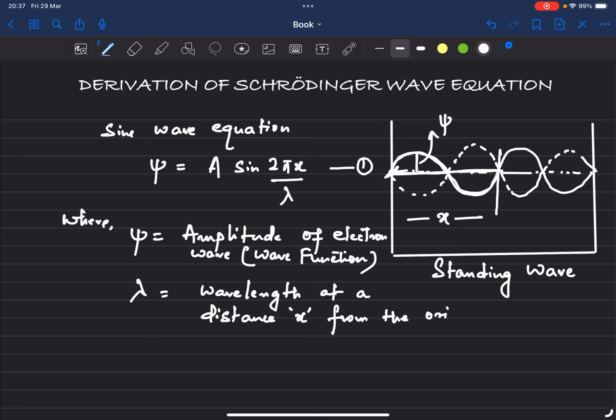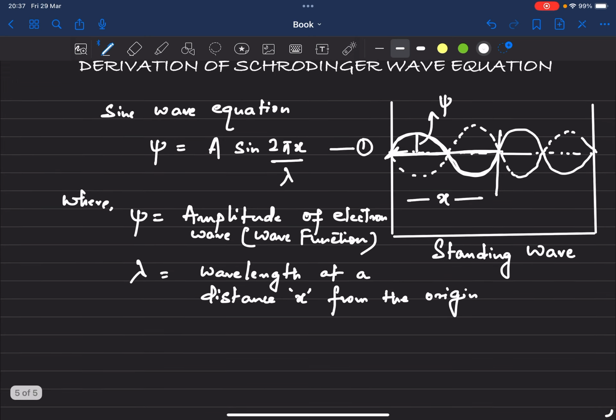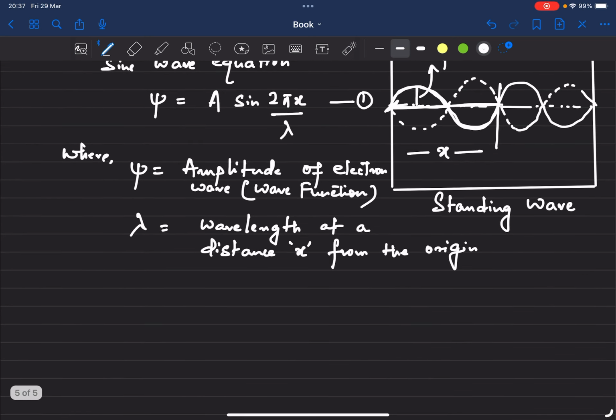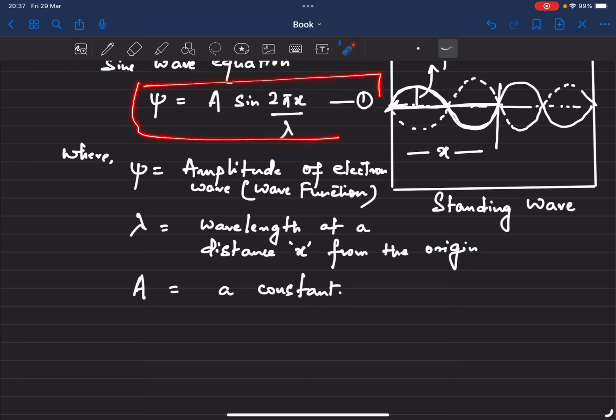Now what we are left with here is pi. You already know pi is 22 by 7, it is a constant, and a here also refers to a particular constant. So now that we have defined all the terms that have come up in equation number 1, we will proceed further to differentiate this equation.